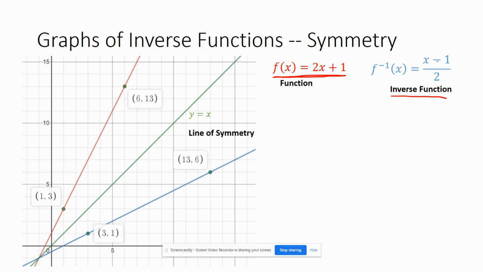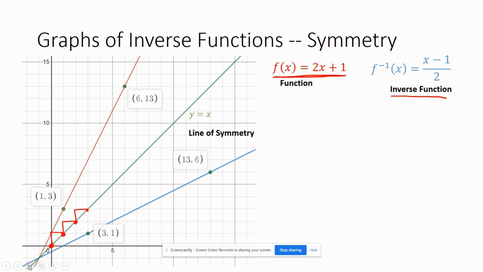And so eventually we'll learn how to find these equations, this x minus 1 over 2, but that's this blue line. Okay, and then notice this line in the middle is called the line of symmetry. It's y equals x. It's just a line that starts at the origin and it has a slope of up 1 over 1, which is positive 1. Okay, notice the symmetry going on here.